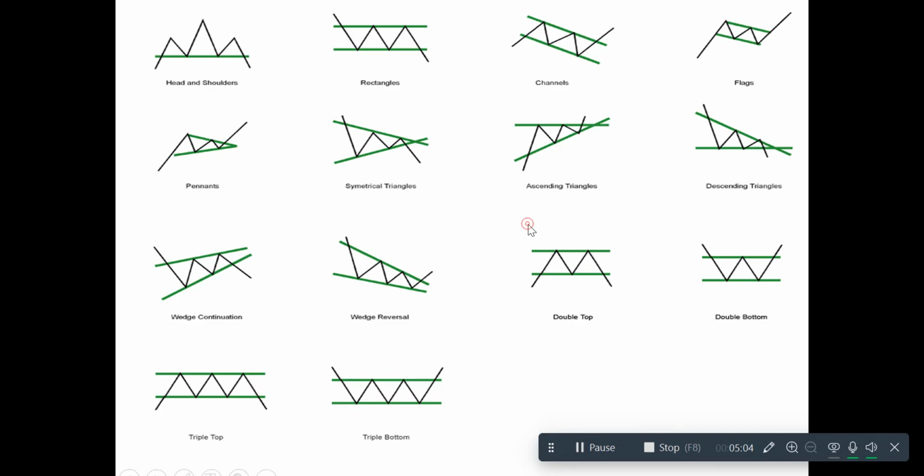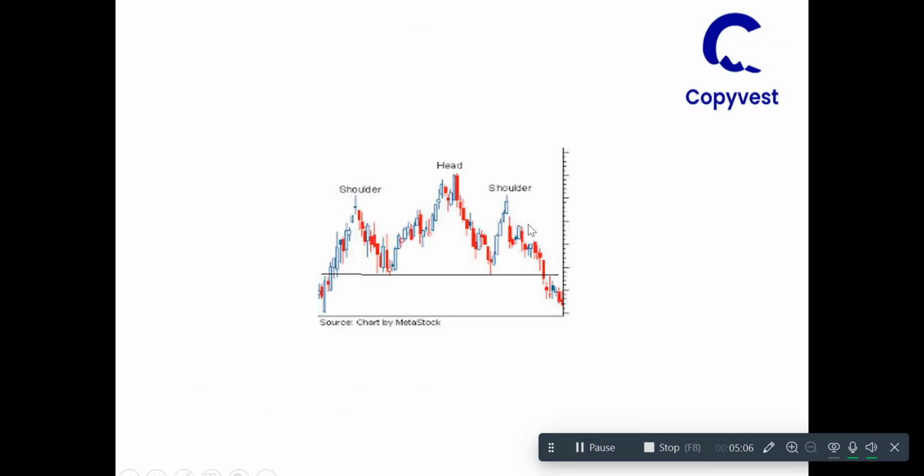Let's look at a typical price example of head and shoulders. You see price going up here, forming one shoulder, going up there, coming down to a neckline. This is almost like a perfect head and shoulders. You may not find it perfect, some may be slanted, but you get what the pattern looks like.